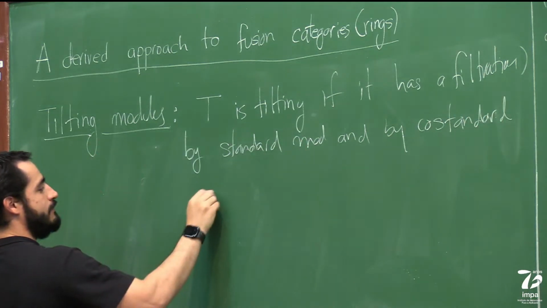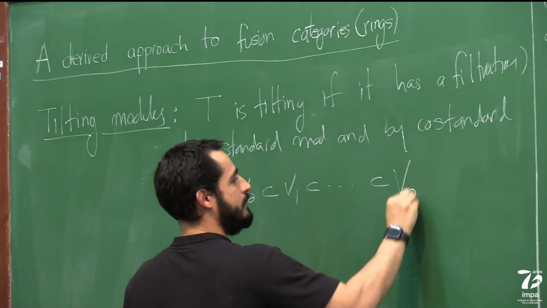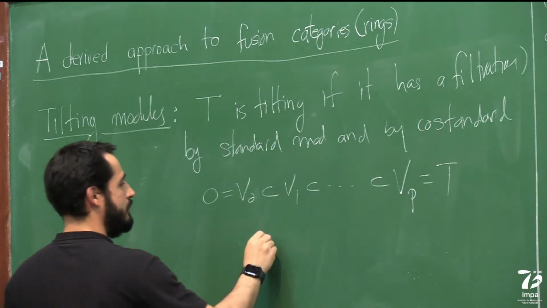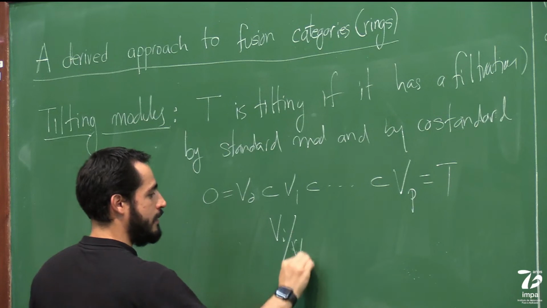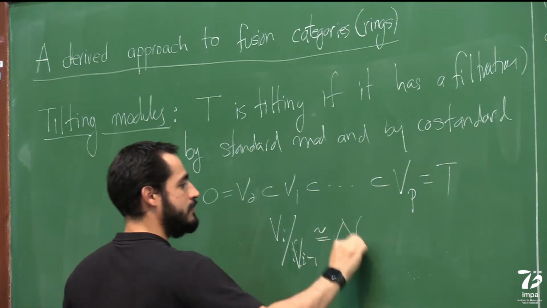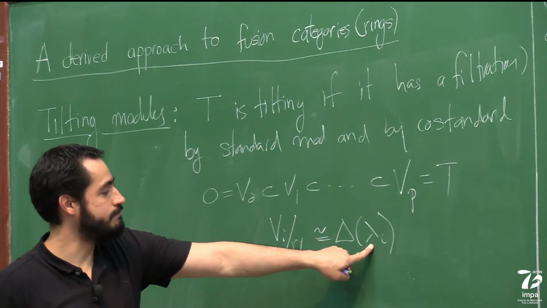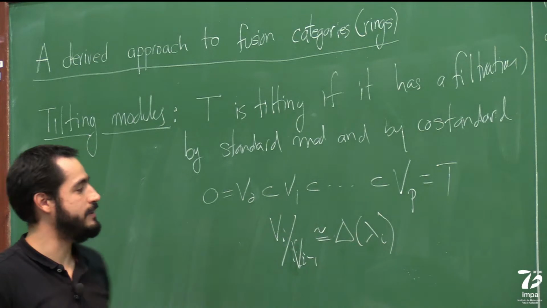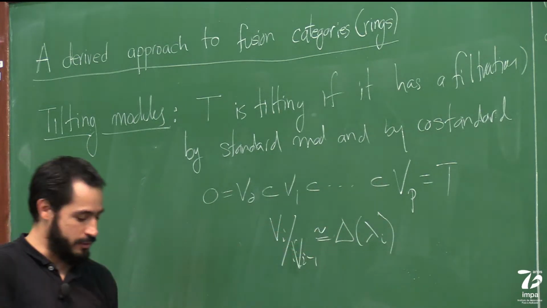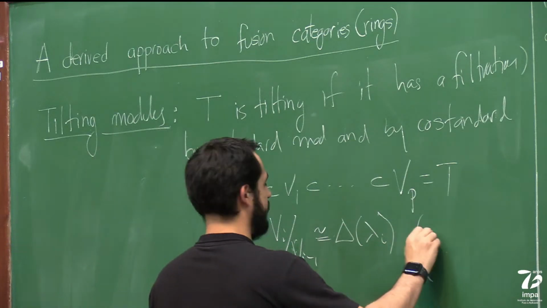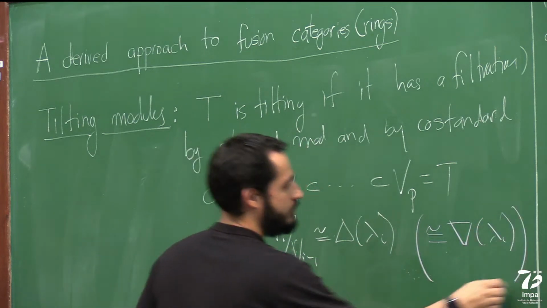That means I have something like B0 in B1, in BP, let's say, and the quotients Bi over Bi minus 1 are isomorphic to some standard module, in a given way. You need to compute what this weight is. This is not just free, but you have something like this. And another one, where now the quotient is different, is going to be the co-standard module.